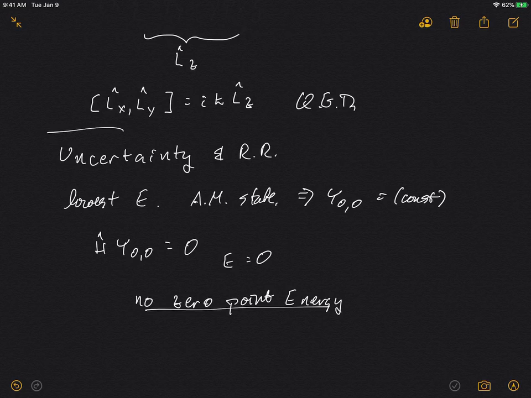So we can think of that as a little bit like the case of a particle in an infinite box, where the minimum energy is 0. In this case, we don't have an infinite box, but it's sort of infinite in that it's circular or spherical, and you can't point to a place where there's a boundary.